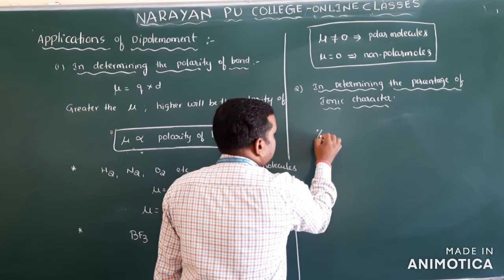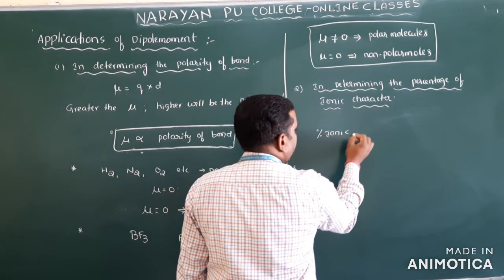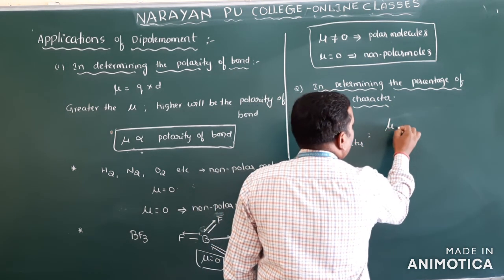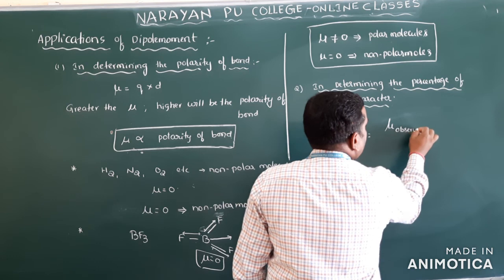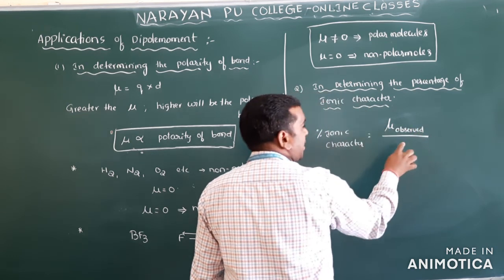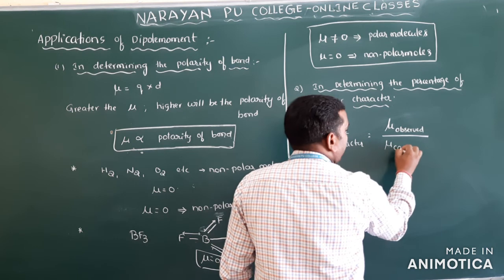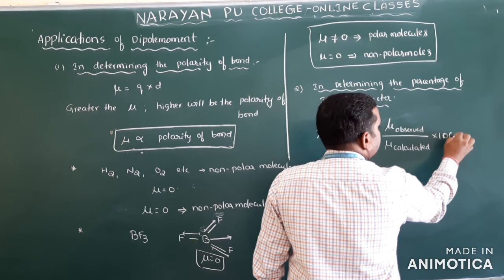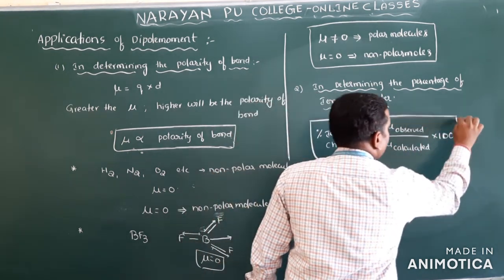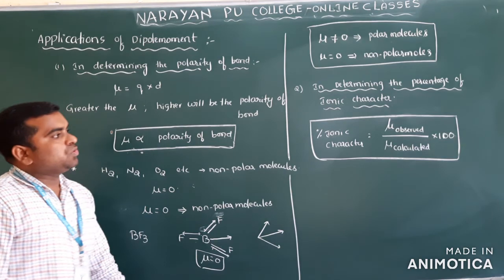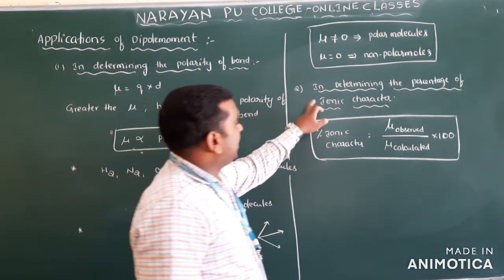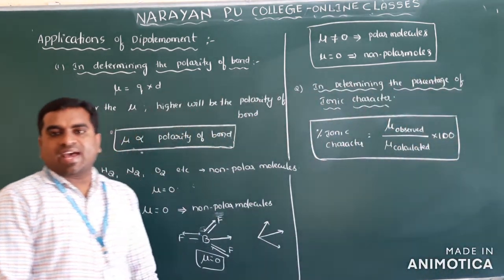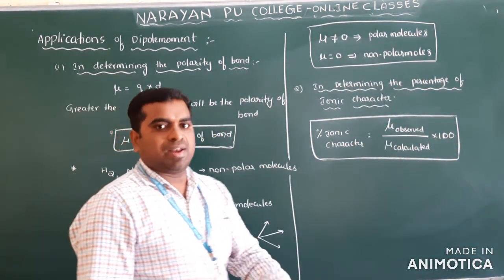Percentage of ionic character is equal to observed dipole moment divided by calculated dipole moment, into 100. This is the formula. By using this formula, we can easily calculate the percentage of ionic character in a given molecule or in a given bond.